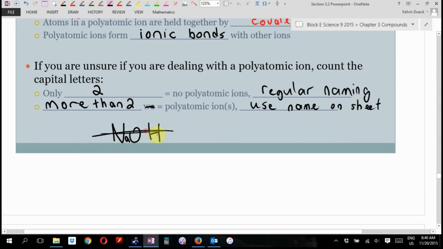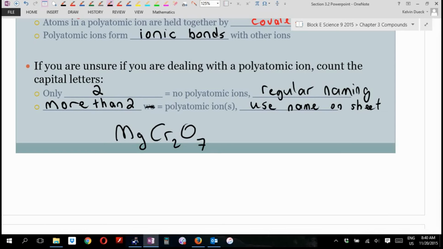Or if I saw Mg and, that one's pretty obvious that we're dealing with a polyatomic ion. But again, same rule. How many capital letters do you see? More than 2.